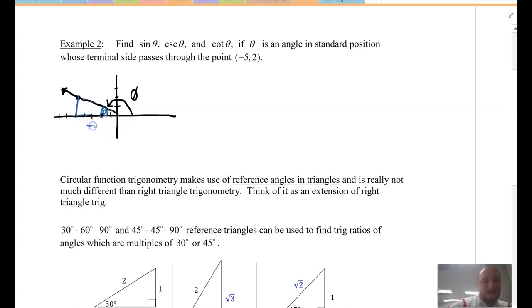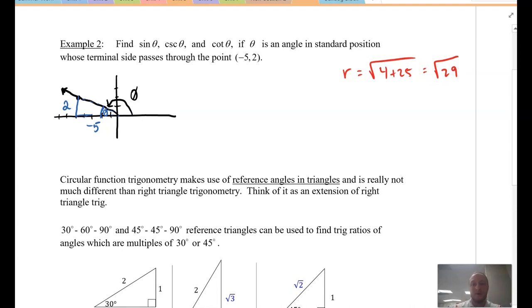This distance is -5. This distance is 2. And we want to go ahead and calculate these values. Well, for sine of theta, we're going to need our radius over here. And so that is, again, the square root of these two values squared. So 4 plus 25, that is 29.